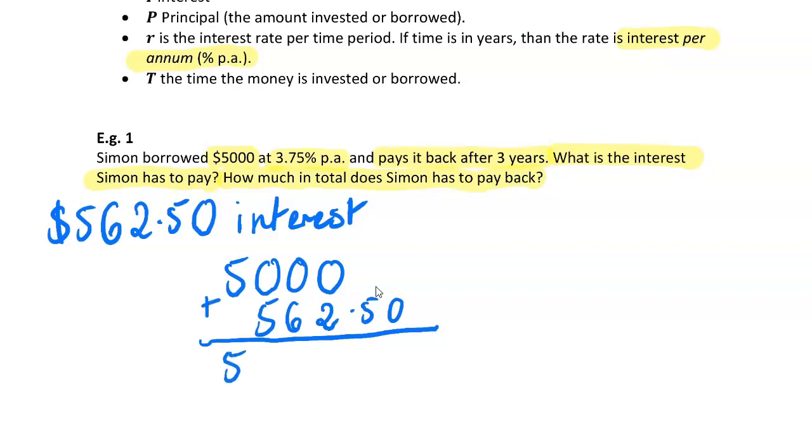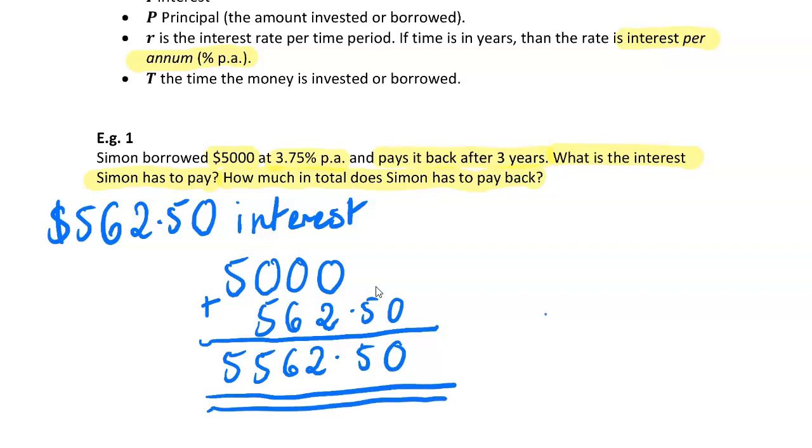So that means he's paying back in total $5,562.50. Okay, that's why I talk about interest being the cost of borrowing money. But yep, he's borrowed $5,000, but he has to pay back a bit more. Okay, that's the interest.